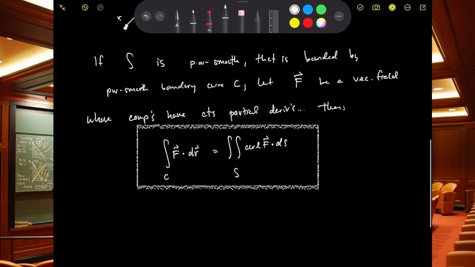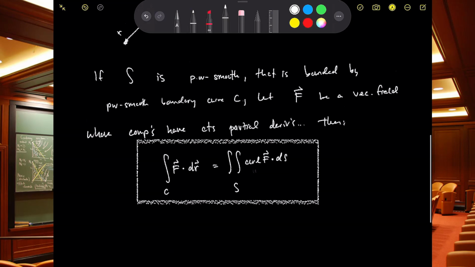So we're going to unpack a little bit later why the curl gets involved, but what you can think of is if we're talking about the flow of the vector field through the surface, we're going to feel that at the boundary, right?